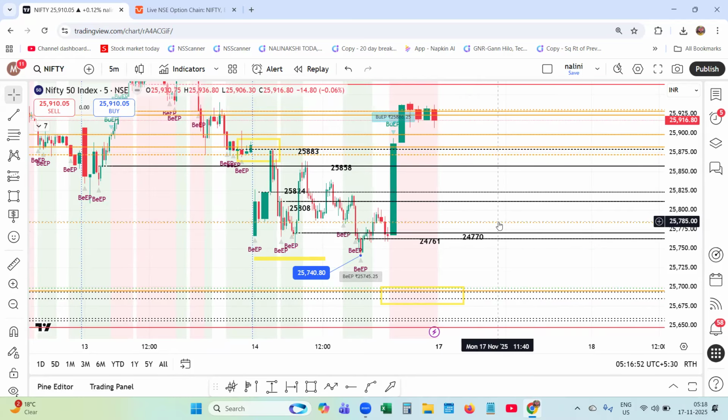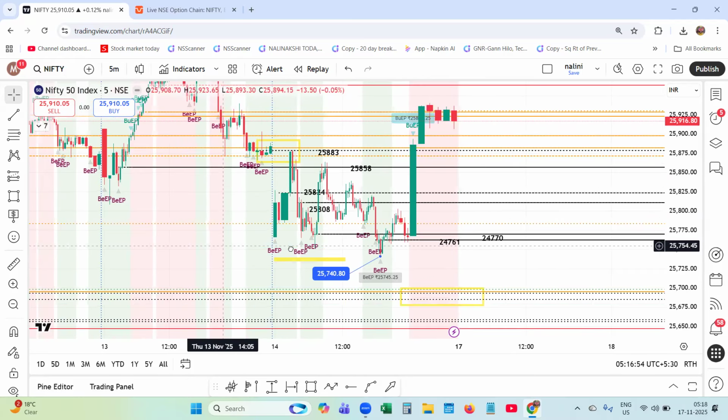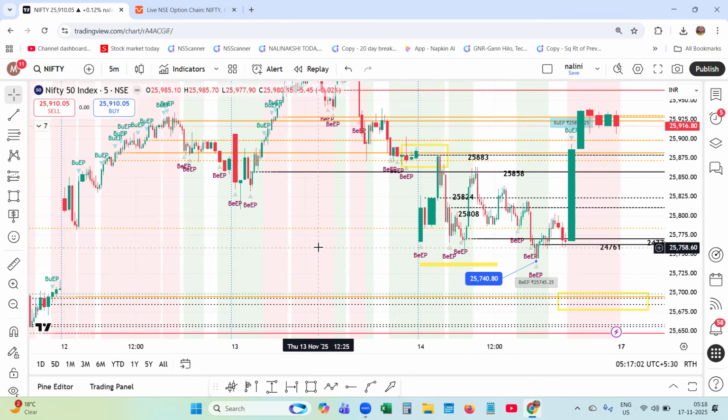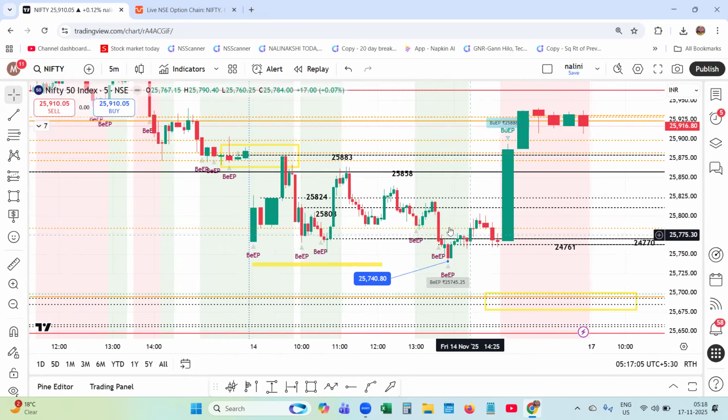That is the yellow line. If I go back, this is the long term call writer money. The call writer level has been taken out, and it has been claimed, and it is taking support.